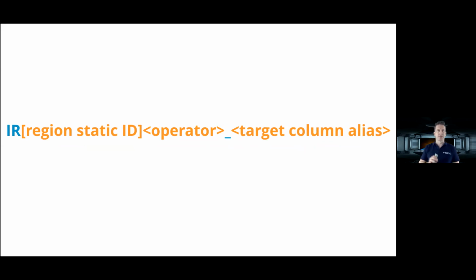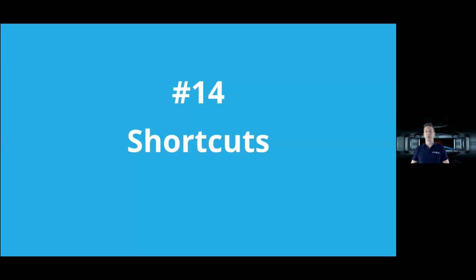That's the syntax. If you have more than one interactive report, you need to specify which report you're talking about. You can specify an operator. If you do not specify it, then equal is used, but you could use like or greater than or something like that. And then the column alias. So it's not the header of the column, but it's your query column alias. Very useful.